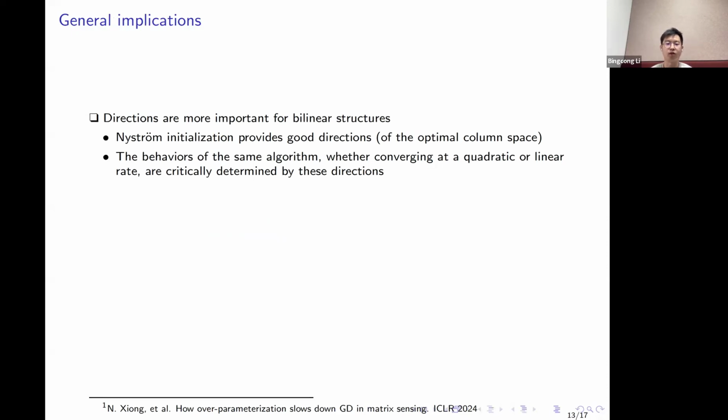Why? Because Nyström initialization provides good directions, and these good directions are essentially the optimal column space of my optimal solution. With this prior, I can get a quadratic rate. Without this prior, I can only converge linearly. That's why direction is really important for my convergence.